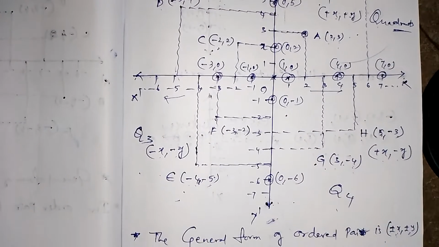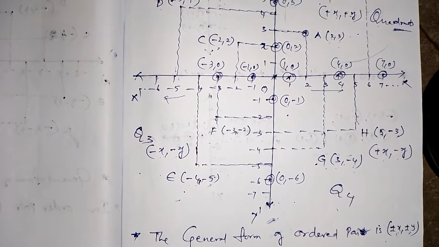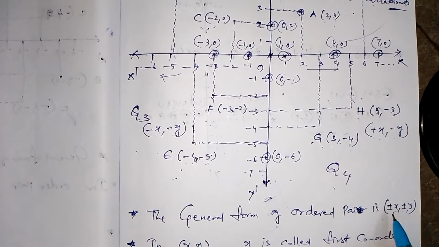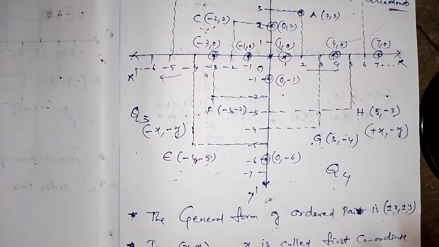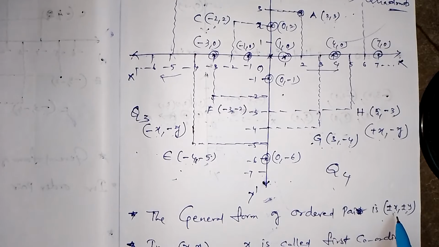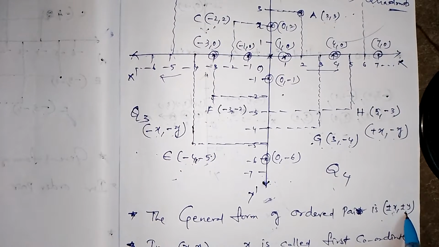What is meant by an ordered pair, and why is it denoted as plus or minus x comma plus or minus y? It is a pair of values which we keep inside brackets. The first value is the x coordinate and the second value is the y coordinate.